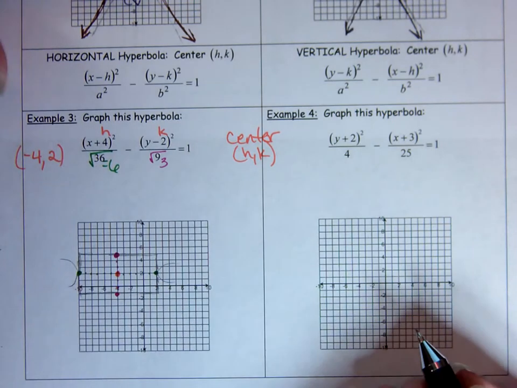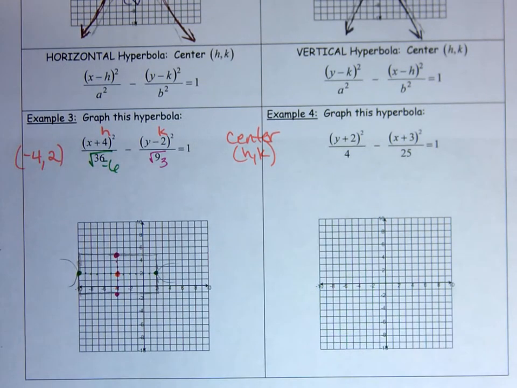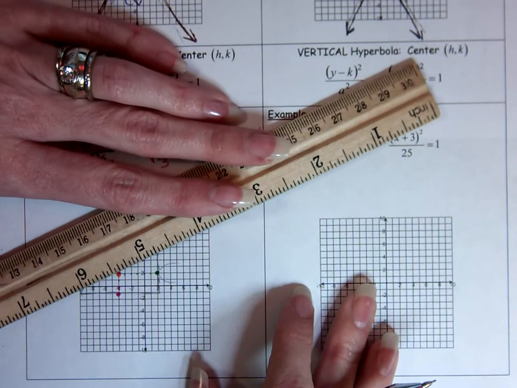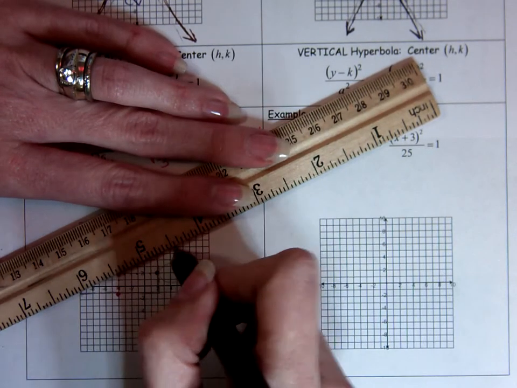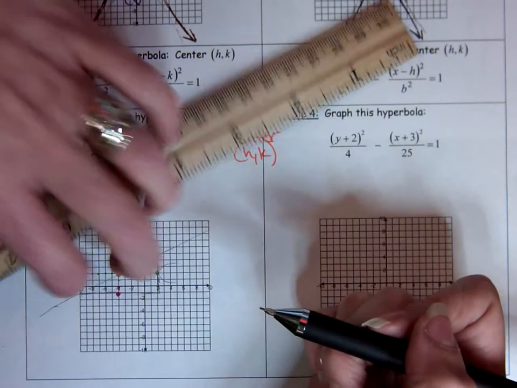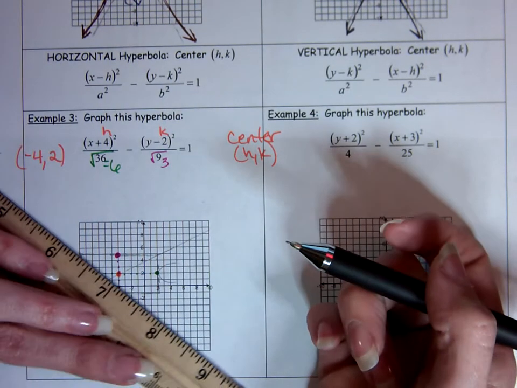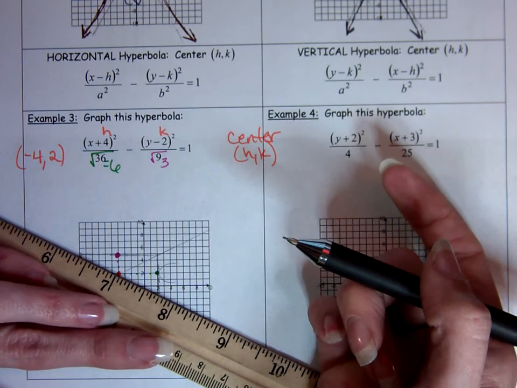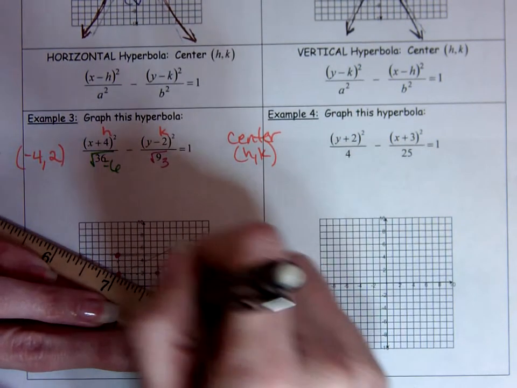Okay. And these rectangles get a little oblong. Sometimes it helps to have a ruler to line everything up. Extend it through. Back along the other side. All the way through.